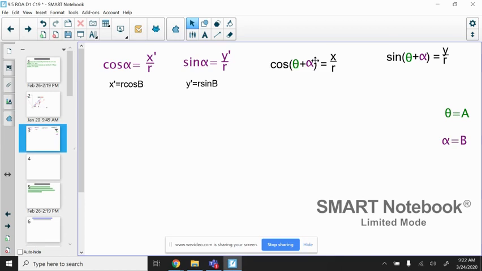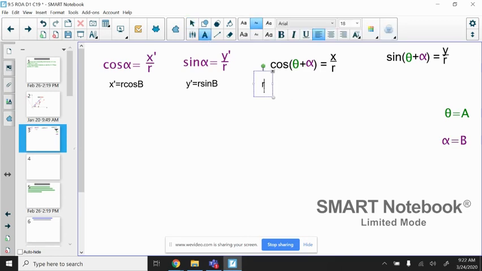It is a process. So what I'll do is multiply both sides of the equation by r. That should end up with r times the cosine of theta, which will be angle A, plus alpha, which I'm now going to call angle B, and this is going to be equal to x.